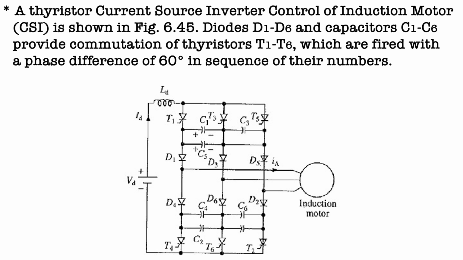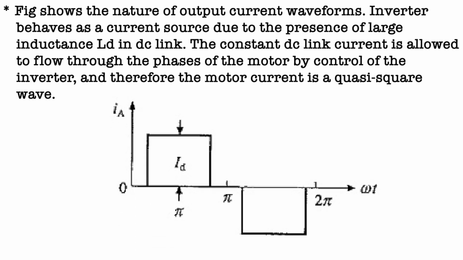The diodes D1 to D6 and capacitors C1 to C6 provide commutation of thyristors T1 to T6, which are fired at a phase difference of 60 degrees in the sequence of their number. The figure shows the nature of the output current waveform.